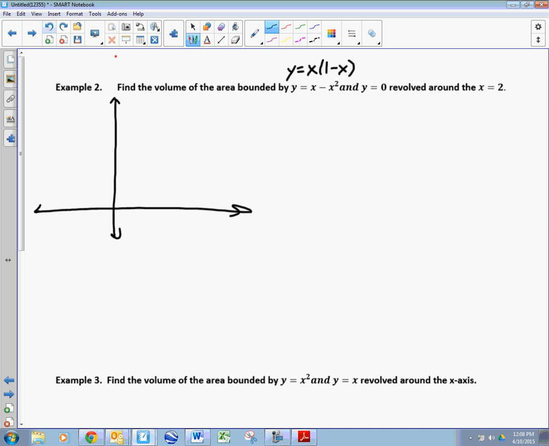Or Marcus? Okay, so this one is different. We have an upside down parabola that goes through 0 and 1. It's bounded between the curve and y equals 0. So I have that area. And we're going to revolve it around what? X equals 2.